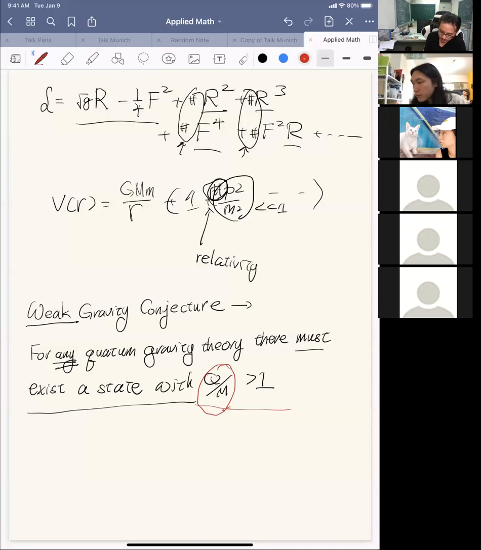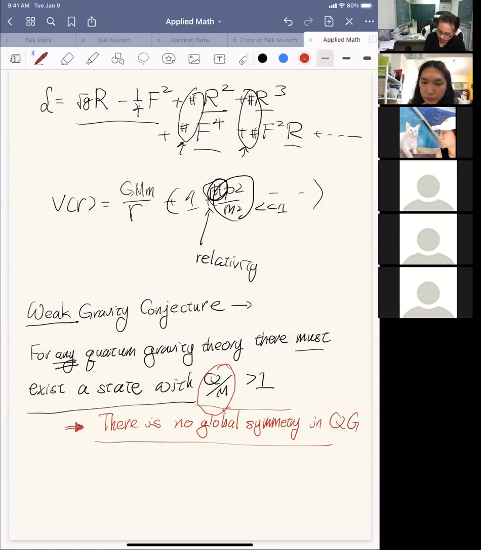This is also related, for those of you who've taken the quantum field theory class, to another well-known statement that there is no global symmetry in quantum gravity. These two statements are completely equivalent.